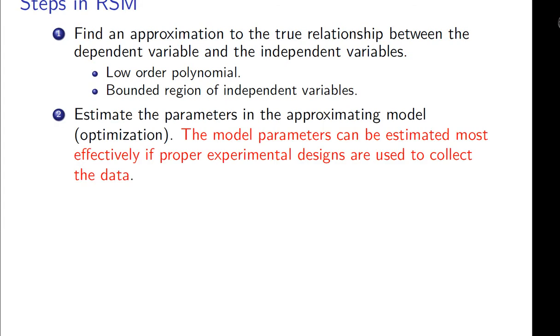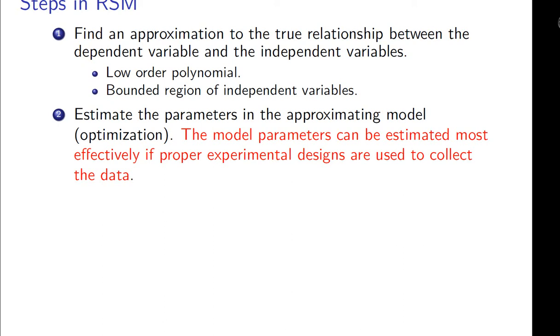Part 2, estimate the parameters from this low-order model. And here's the key, and that's the text that's in red. The model parameters, that is the coefficients of the factor terms, can be estimated with minimal error, or most effectively, if one uses proper experimental design to collect the data.